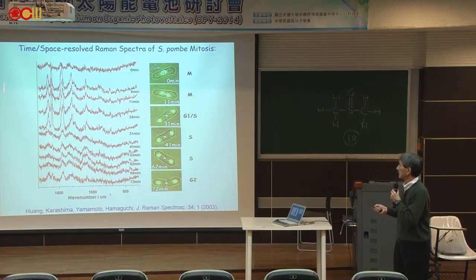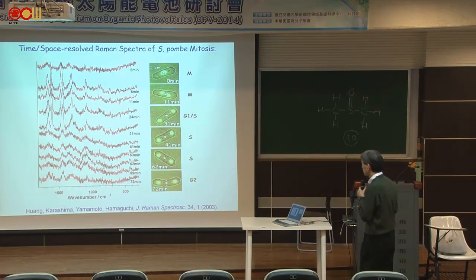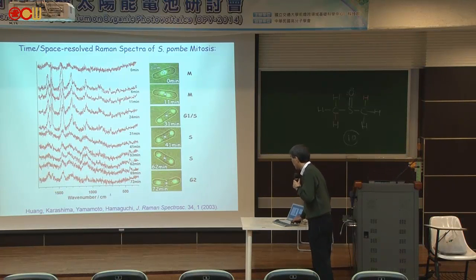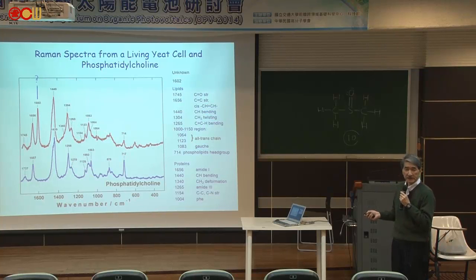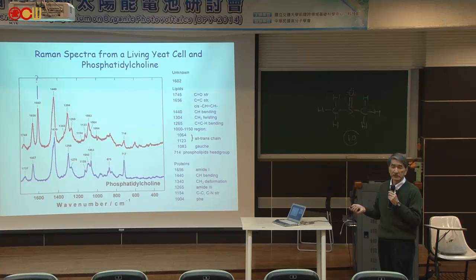So first, we were very much interested in these strong Raman features, and we discussed this one. So this is a spectrum. It's much better than what I showed, higher SN ratio. And this red spectrum is obtained from the yeast. And the blue one is a Raman spectrum of phosphatidylcholine, which is a lipid, a phospholipid molecule.